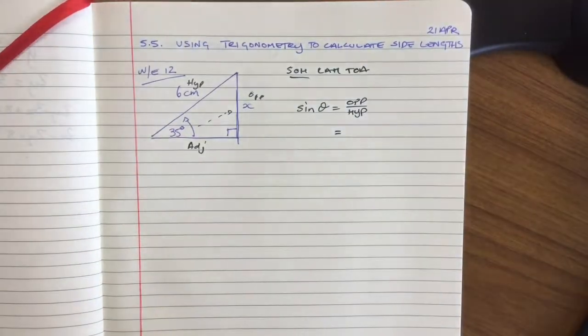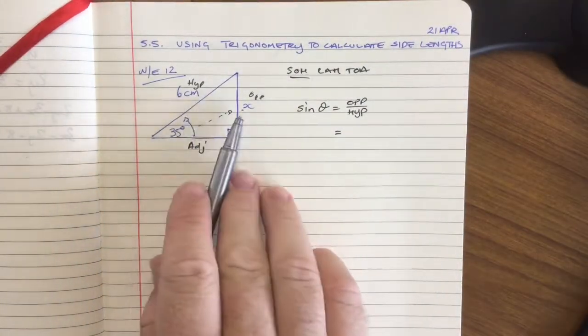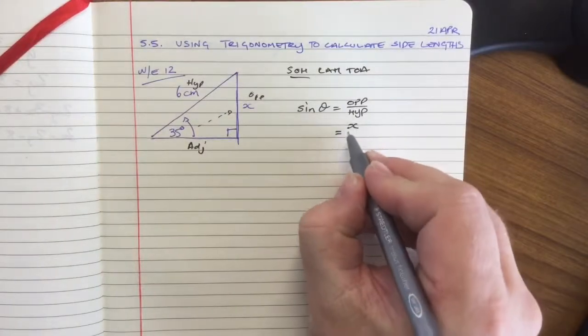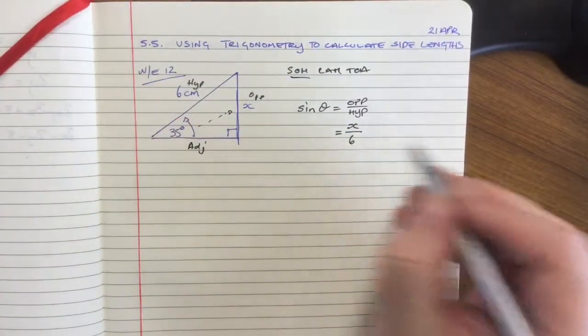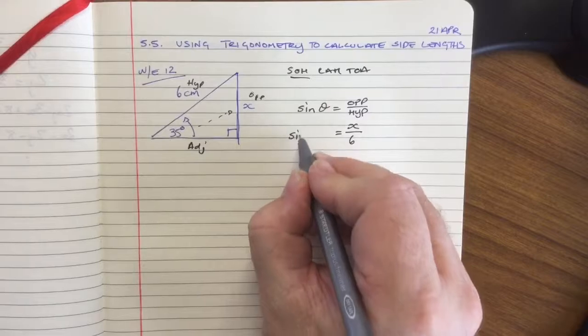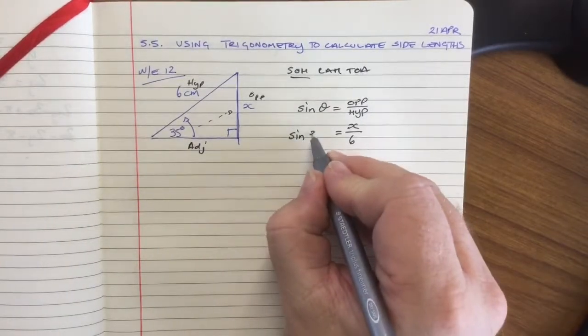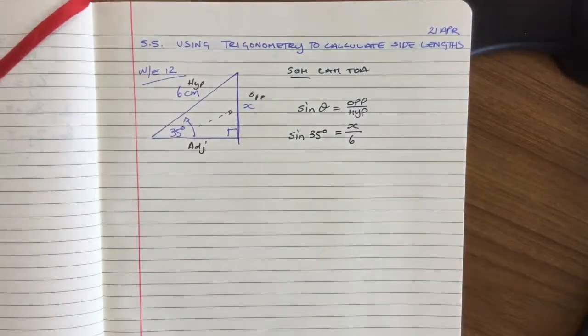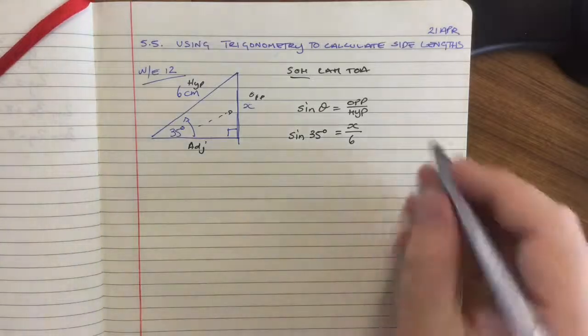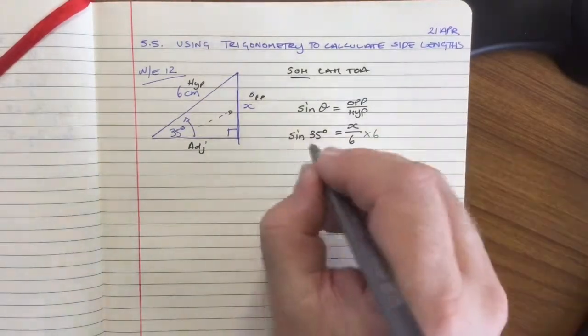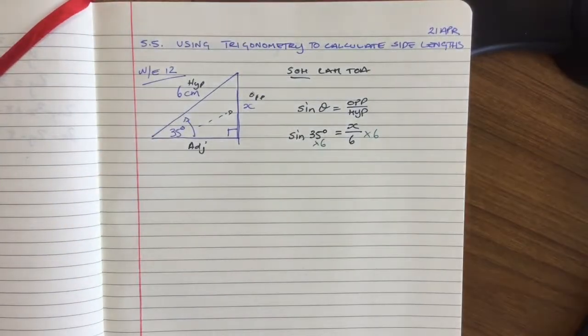From here we just substitute in values. The opposite is x, the hypotenuse is 6 centimeters, and theta is 35. Trigonometry involves a little bit of algebra to work this one out, so we're going to multiply this side by 6, which means we multiply this side here by 6 as well.